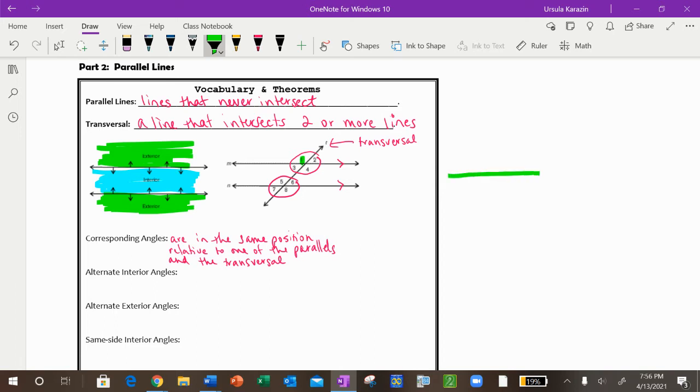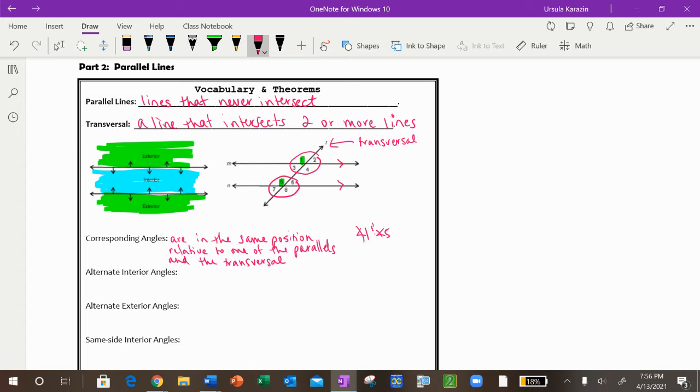If we look at the picture like this, here's angle 1, that's the upper left corner. Now we go down to the bottom, the angle that's in the bottom circle, but still upper left corner, is angle 5. Okay, so angles 1 and 5 are in the same place within their circle, so they are corresponding.